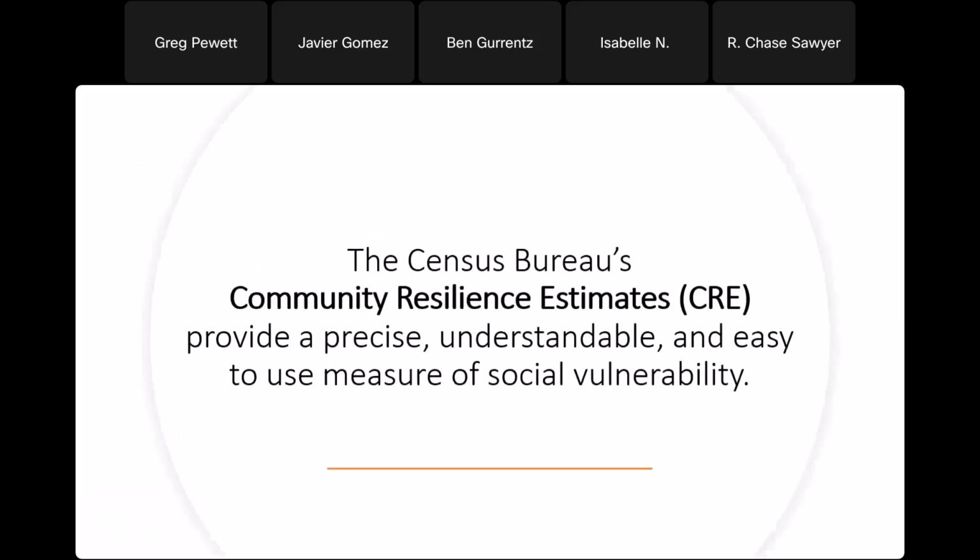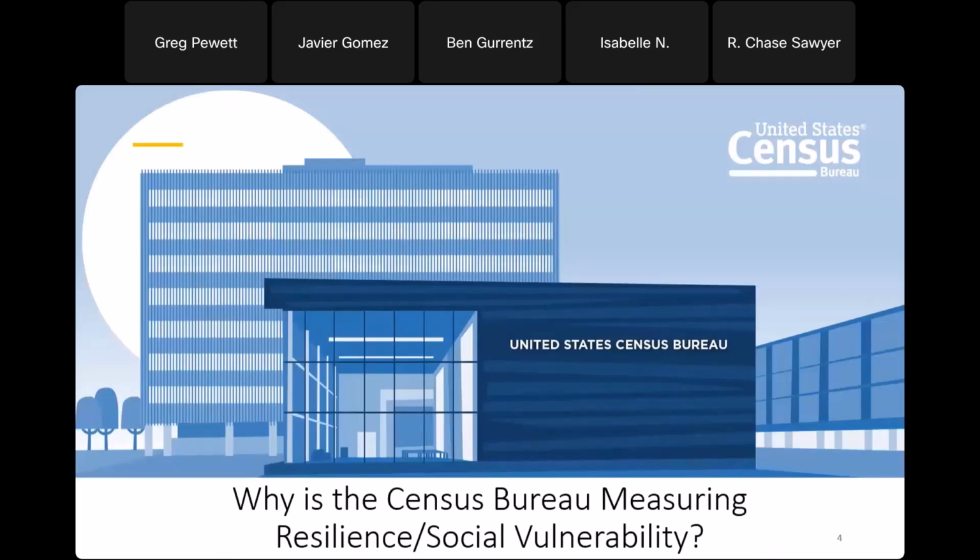The Census Bureau's Community Resilience Estimates provide a precise, understandable, and easy-to-use measure of social vulnerability. But why is the Census Bureau measuring resilience and social vulnerability? To answer that question, let us first define what community resilience is.